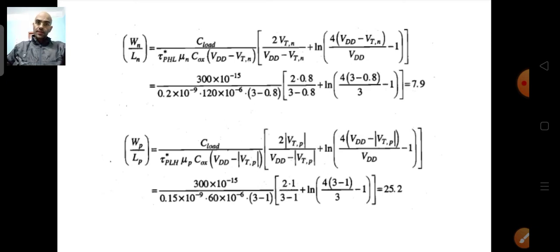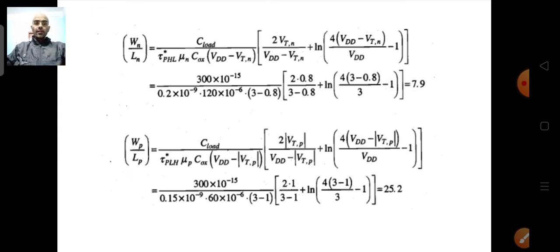Then mu and Cox are also given in this problem, so mu Cox becomes 120 into 10 to the minus 6. Substituting the other values in the brackets and calculating, we get that the W by L of the device should be 7.9, approximately 8. This is the W by L for the NMOS, which will satisfy the tau PHL condition.